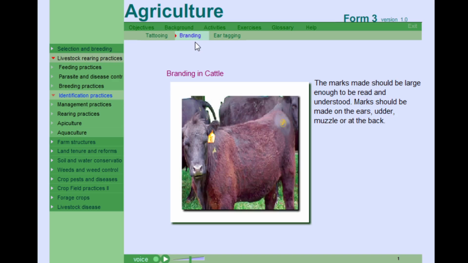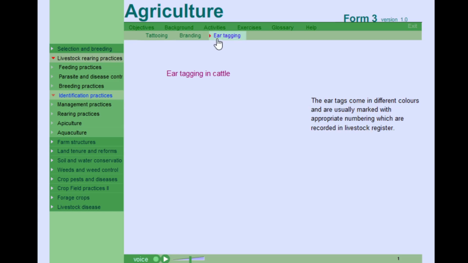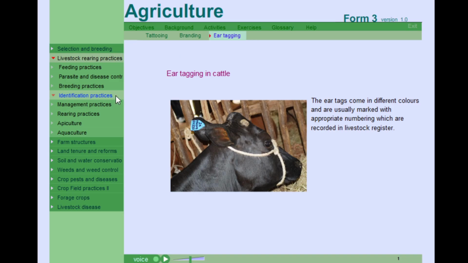The marks made should be large enough to be read and understood for management purposes. Marks should be made on the ears, udder, muzzle, or at the back. Ear tagging in cattle. This is a common method for cattle identification in dairy farming management.